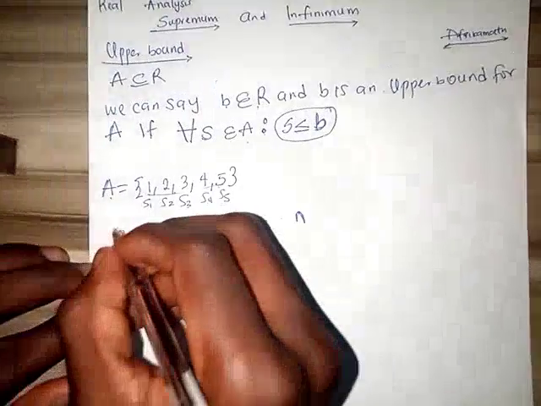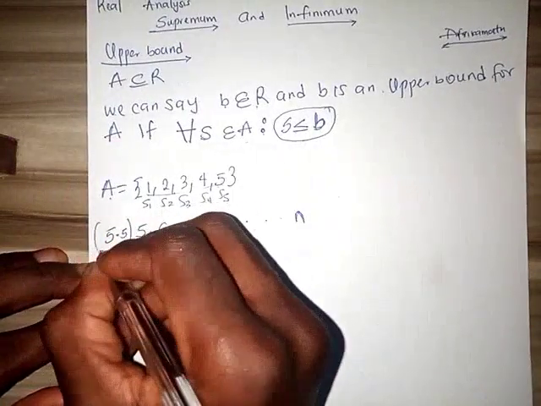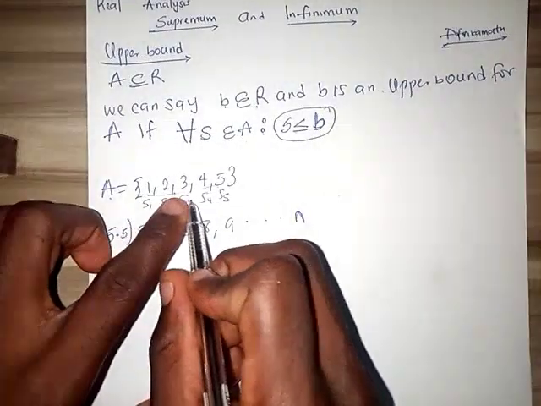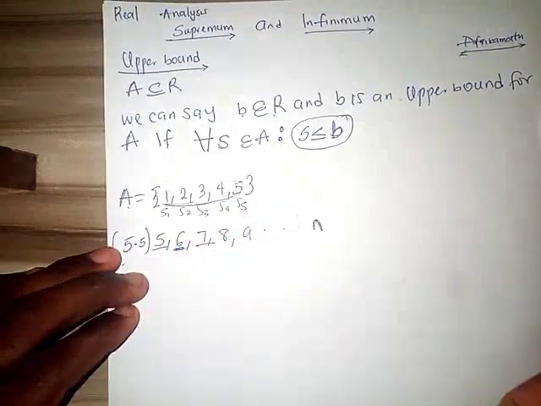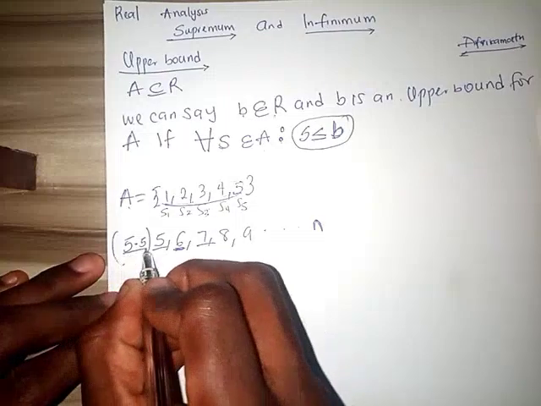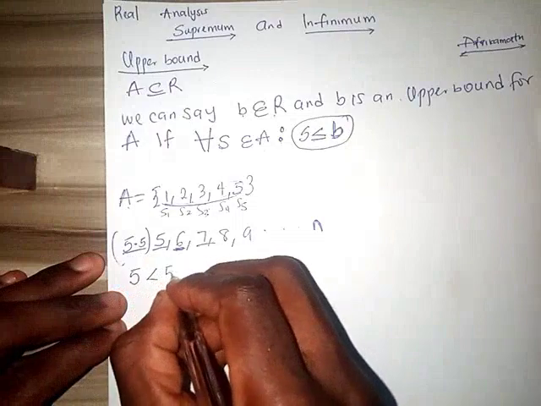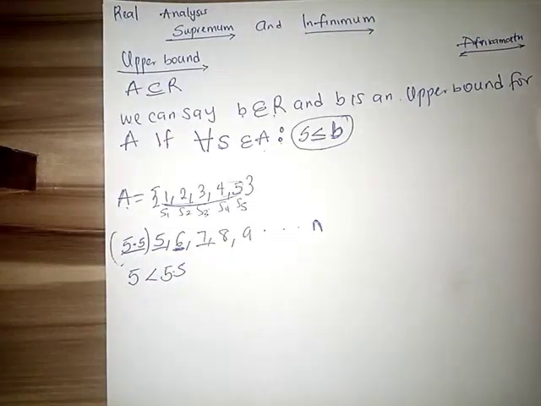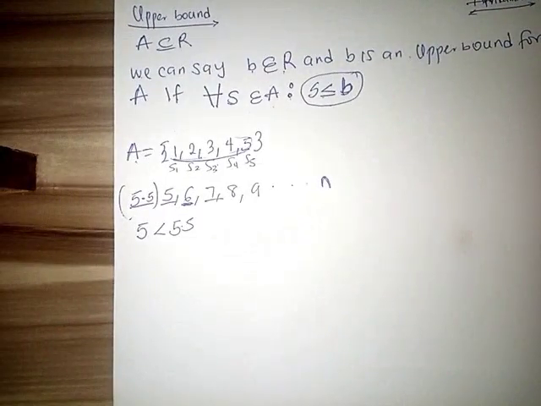Now, I can even say 5.5 is also an upper bound of this, because you notice that for all s, they are smaller than 5.5. You can see that 5 is less than 5.5, which is the criterion to use for upper bounds.